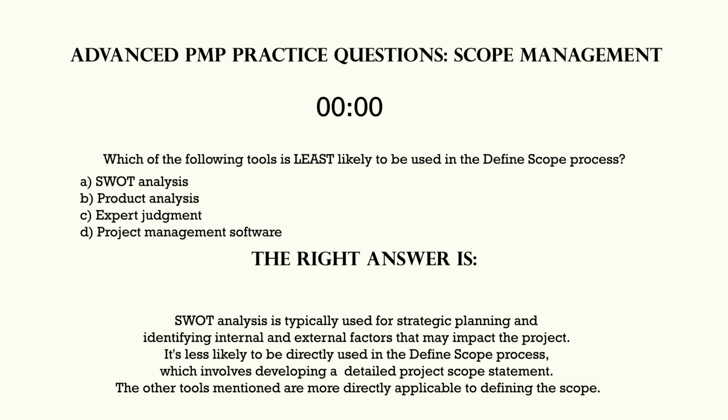It's less likely to be directly used in the define scope process, which involves developing a detailed project scope statement. The other tools mentioned are more directly applicable to defining the scope.